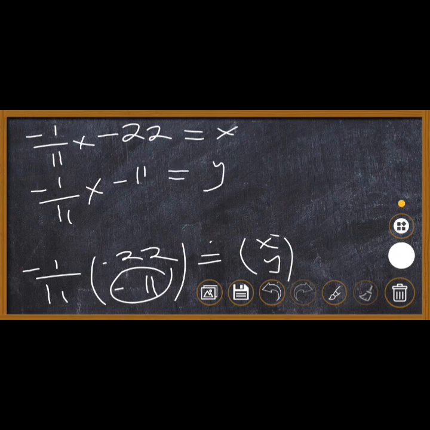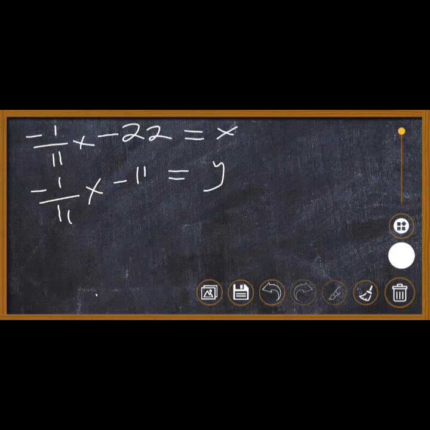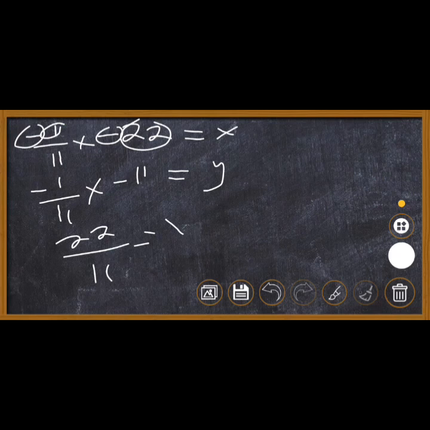So let's find the values for that. So hopefully you can manipulate these calculations. So negative and negative, it's positive. So 1 multiplied by 22, it's 22. Remember we have over 11 equal to the value of x. So again, negative and negative, it's positive. Then 1 multiplied by 11, it's 11 over what we have here, 11 equal to y.